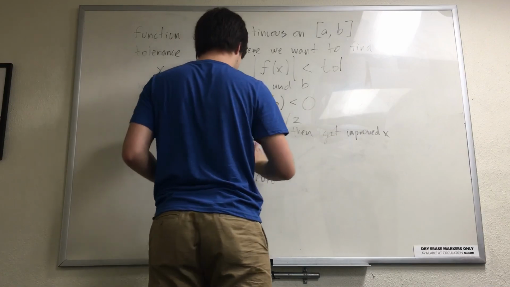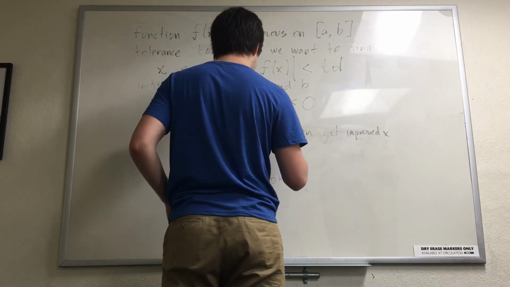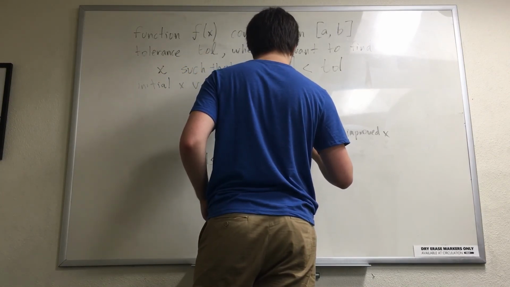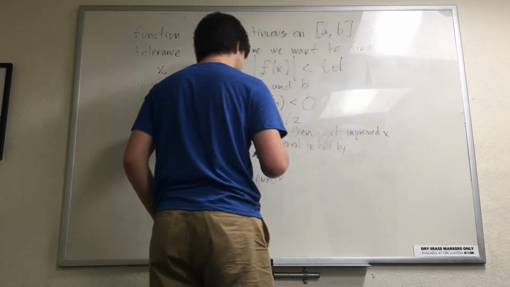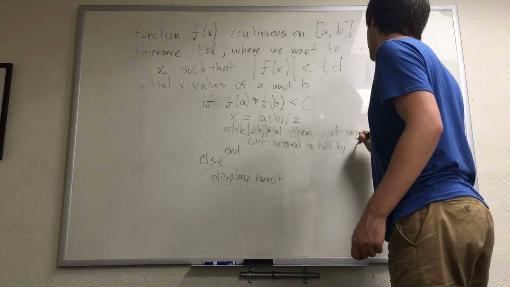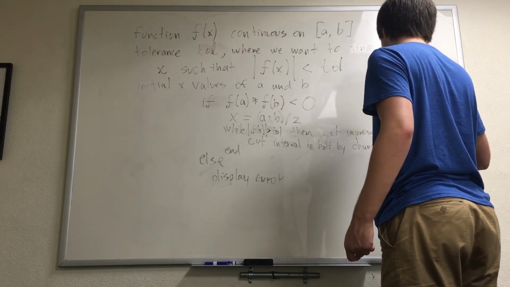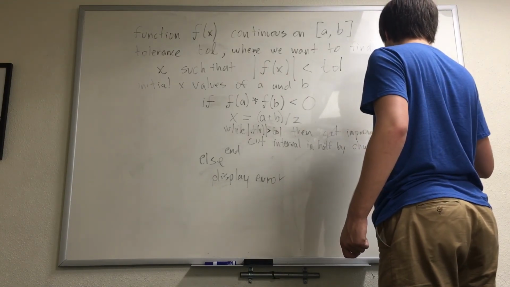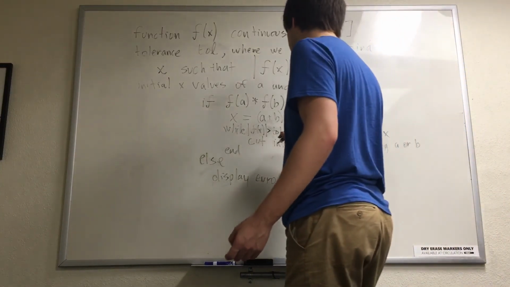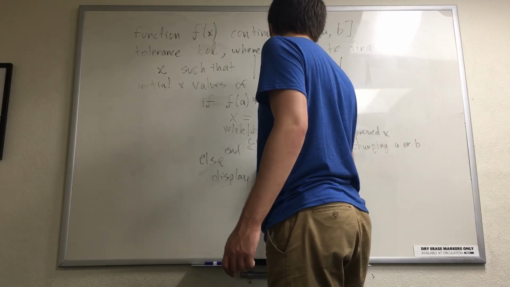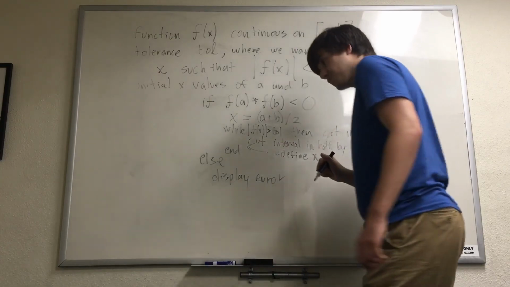But basically, this section of code can be summarized as cut interval in half by changing A or B. And you also need to redefine x too. Somewhere in here.